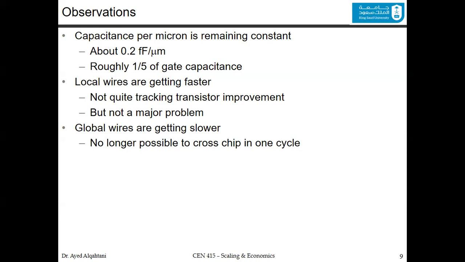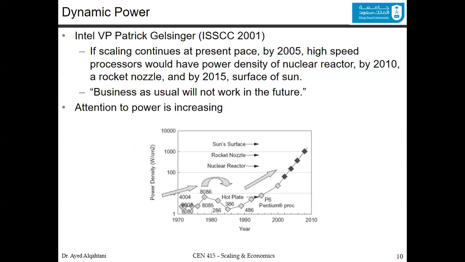Now, at this point, we finish the scaling part. We will move to the power part. We talked about power, and we said that the components are the dynamic power and the static power. For the dynamic power, a VP in 2001, making this speculation in 2000, said that if scaling continues at the present pace, by 2005 high-speed processors would have the power density of a nuclear reactor, by 2010 a rocket nozzle, and by 2015 the surface of the sun, which is impossible to have on Earth.